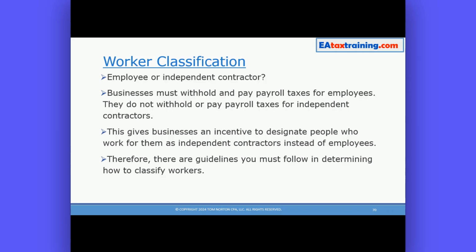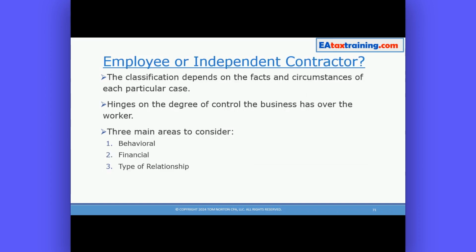So there are guidelines. Unfortunately, it is not always a black and white decision where you can just easily see, oh, if you meet this, you're definitely an employee, and if you meet this, you're definitely not an employee. But let us look at those guidelines. The classification is going to depend on the facts and circumstances of each particular case.